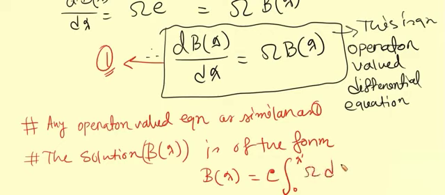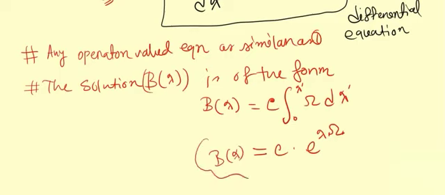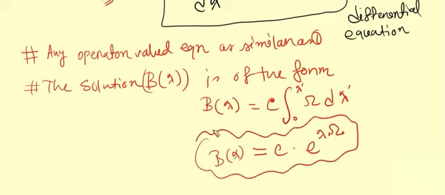And finally you can write it as c times e to the power lambda omega. So this c is actually coming from this integration, nothing else. This is how you can even solve operator valued differential equations.